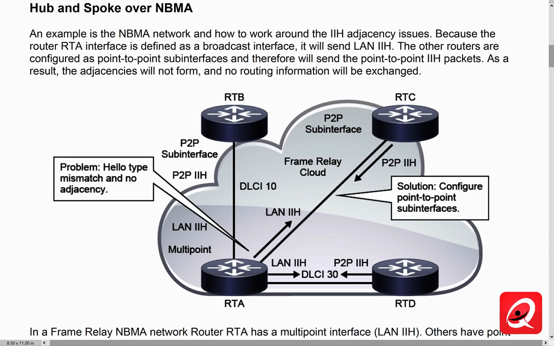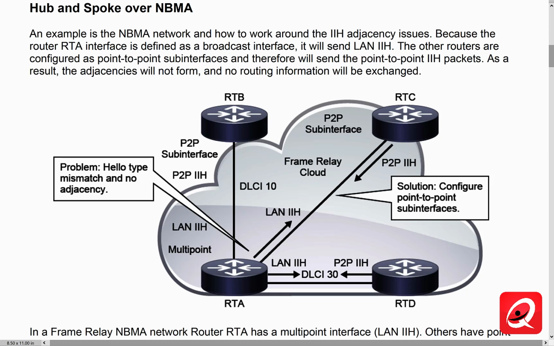So an example that we see here is an NBMA network. How do we work around the issue of forming adjacencies in an NBMA network? As I mentioned before, NBMA stands for non-broadcast multi-access, and non-broadcast means non-multicast. And we know that we already use multicast to be able to establish adjacencies.